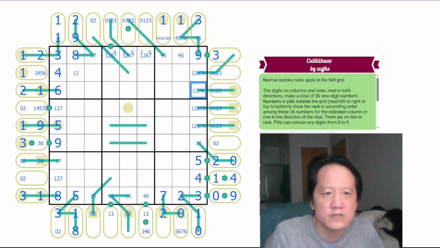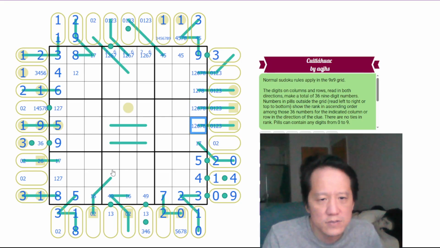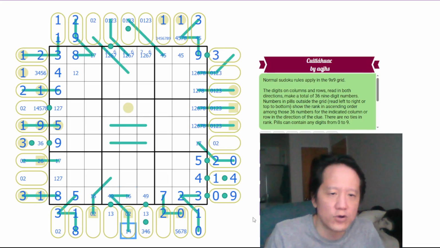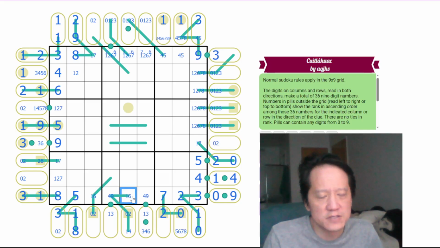This can't be 6. This could be any of those. This has to be the same set as that. So if this is 1, this could be 01 or 04. If it's 6, this is 23.